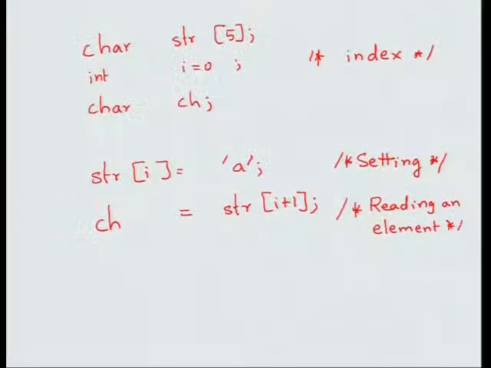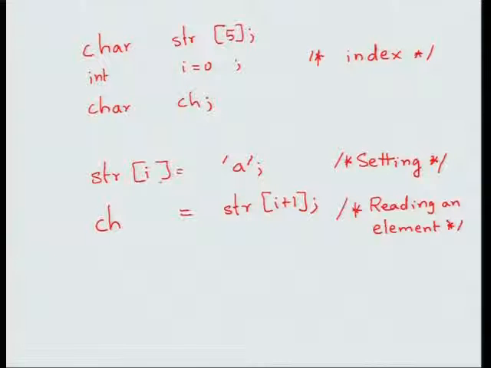So we have seen certain aspects of arrays in C so far. So for example, let's say that I declare a character array str of size 5, so it has 5 characters inside it, and let's say that I use the variable I as an index into the array. So str of 0 to str of 4 can be addressed using the index I. Okay. So if I have the index, I know that I can set particular values as str of I equal to a.